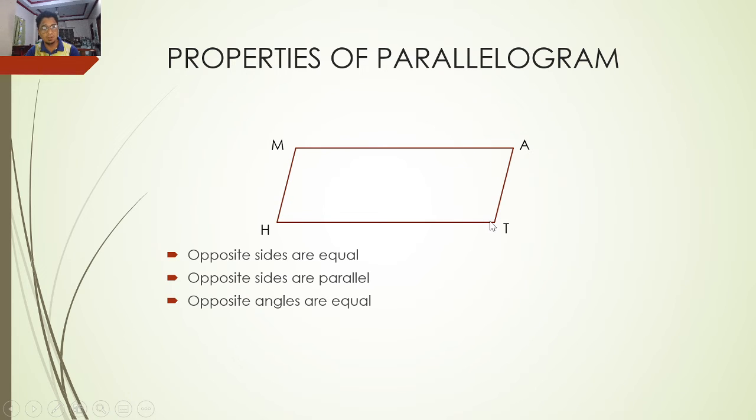Hindi niya katapat yung T, hindi niya katapat yung M. Ang katapat niya, ayun, A. So, kung ito po ay 60 degrees, ang measurement ng A, 60 degrees din. Kung ang measure ng ating angle M ay 120 degrees, ang measure ng angle T natin, dahil magkatapat sila, 120 degrees din. So, parehas lang po sila.